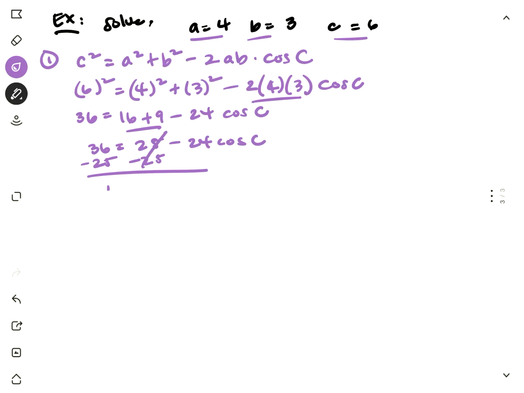36 minus 25 is going to give us 11. Then we can divide by negative 24.